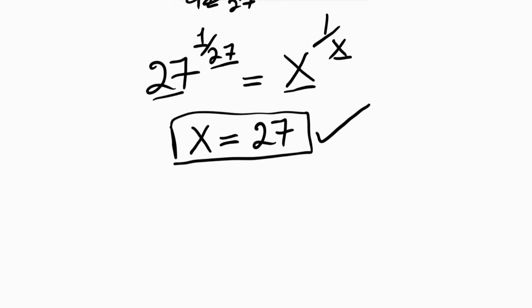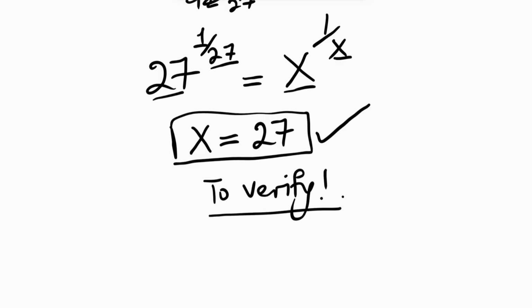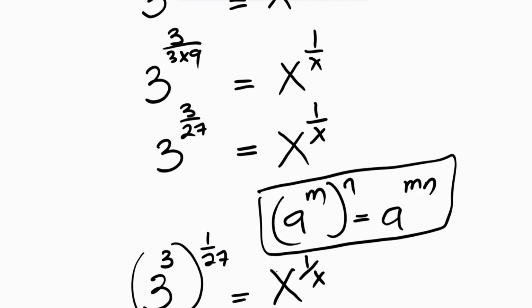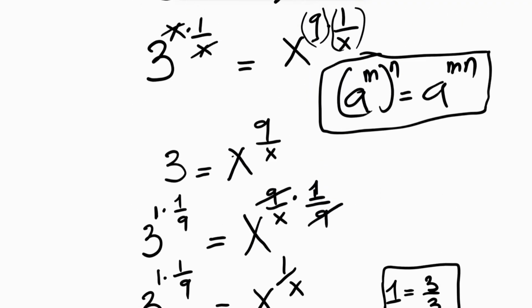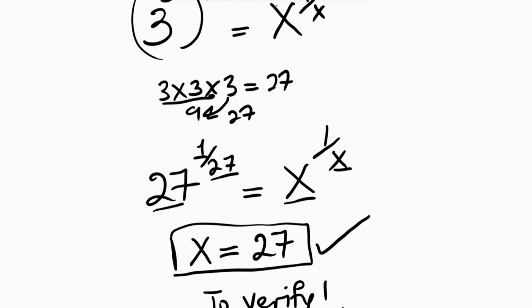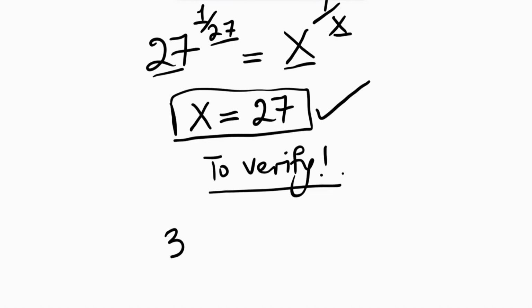But now we need to verify just to make sure that what we have solved is correct. Going back to our question, it states 3 raised to the power x equals x raised to the power 9.